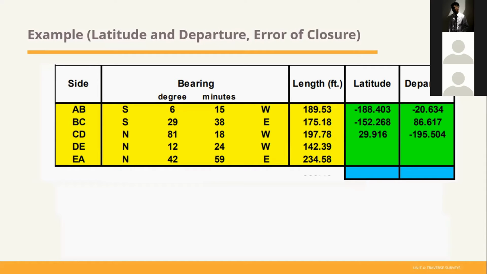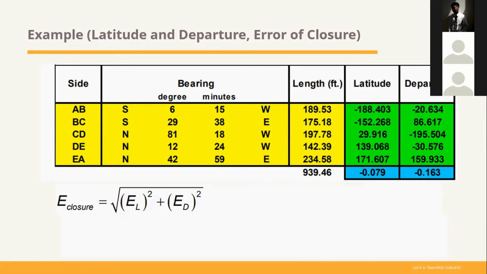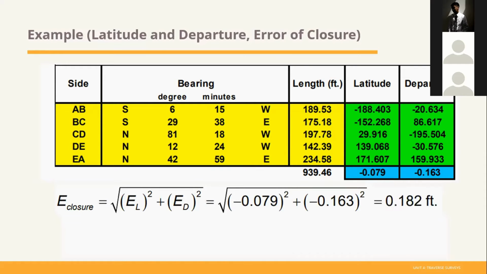Solving for side CD, we will get these values for latitude and departure, and so on. We need to sum up the length, the latitude, and the departure in order to get the error of closure. For the error of closure, this will be the formula, and substituting the values, we will get 0.182 feet.